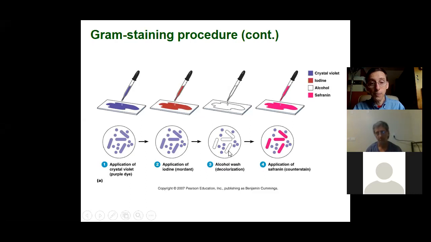Now, these cells, the gram-negative cells, would be difficult to view under the microscope. So that's why we use the safranin as a counter stain. And we apply that. And then the gram-negative cells stain pinkish. And the gram-positive cells are still staining purplish. Any question about that?